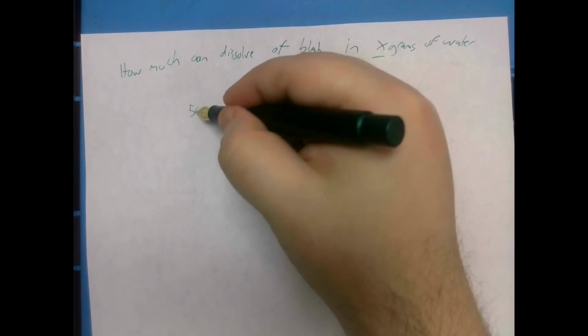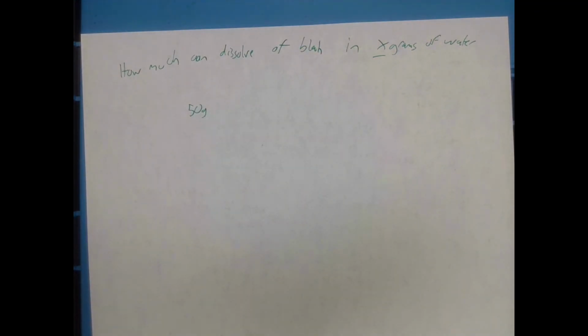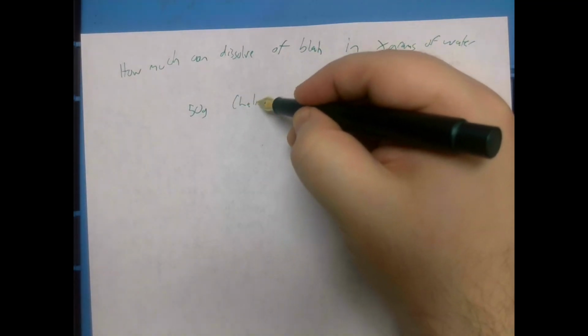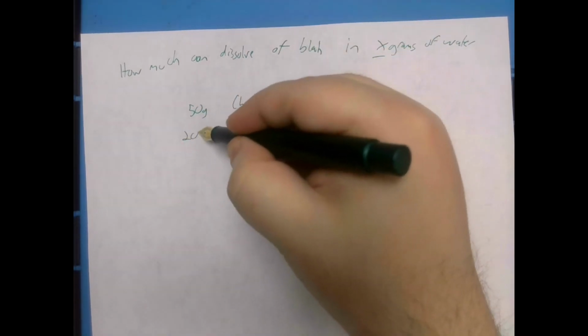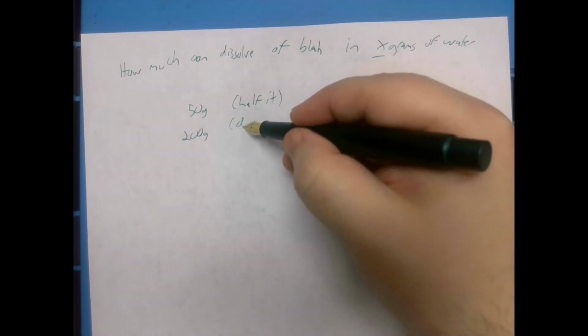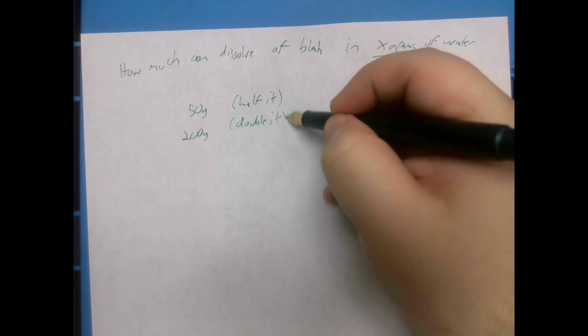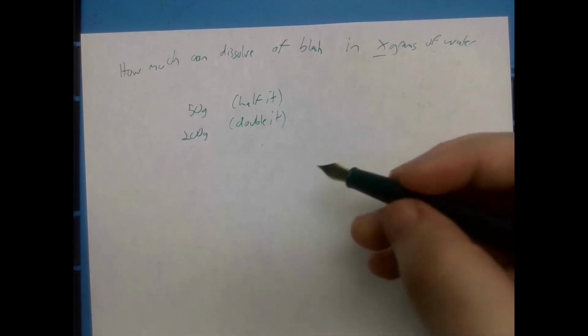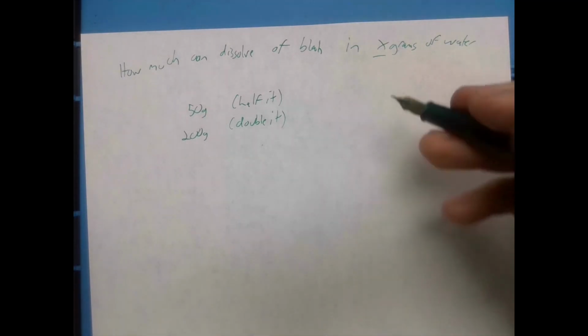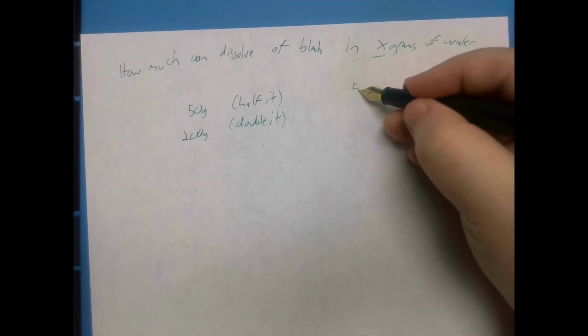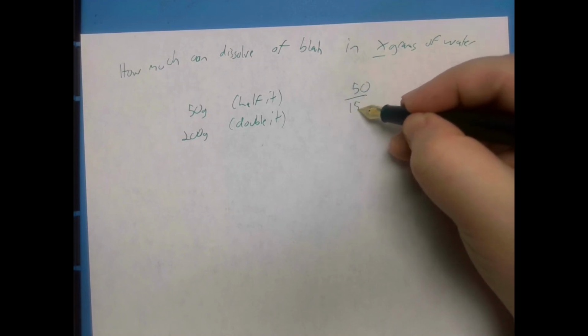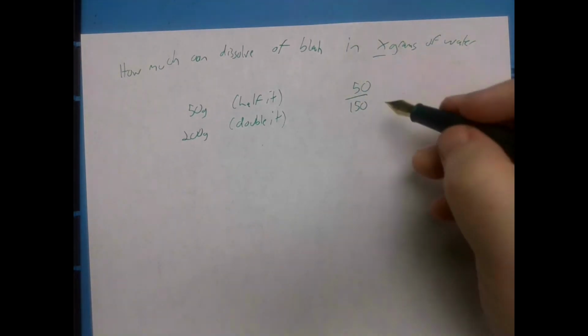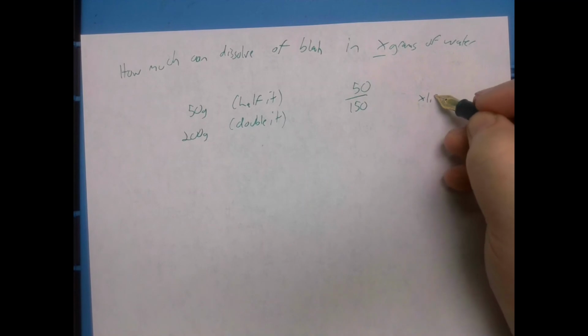If X is 50 grams, what do you do to the number? Half it. If it's 200 grams, then you double it. And if it's some odd number, then you do cross multiplication. So if the solubility was 50 per 150, well, you could recognize that you can multiply by 1.5.